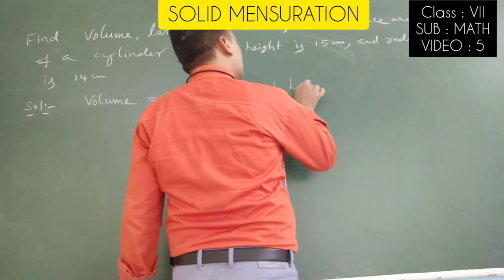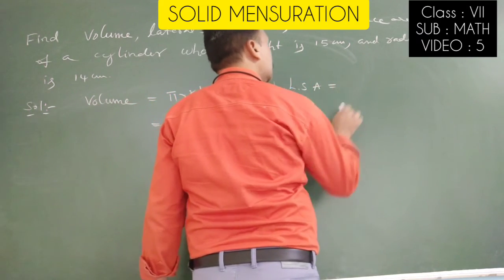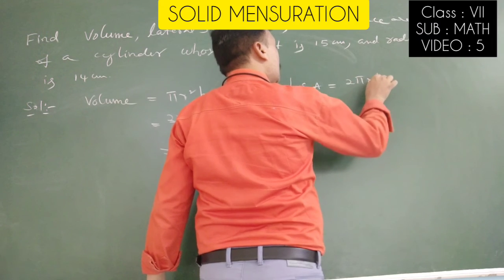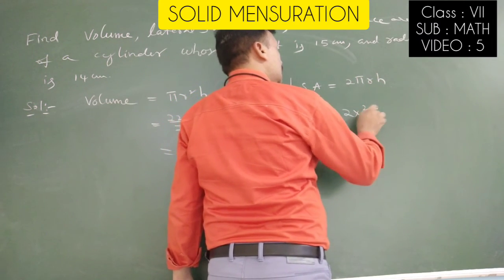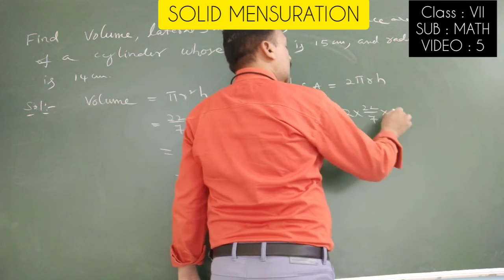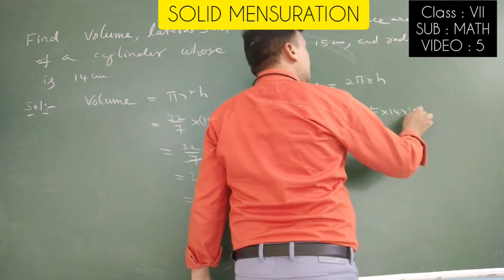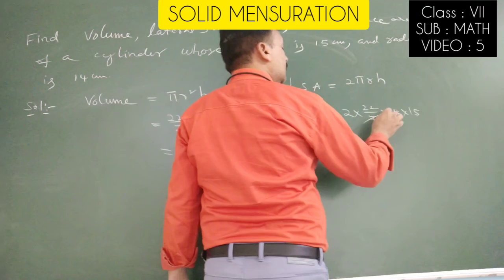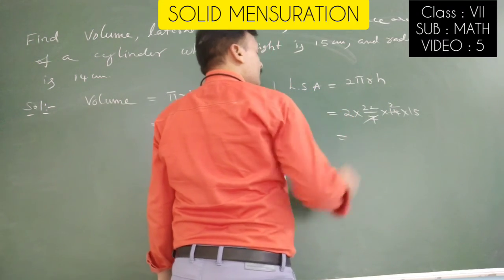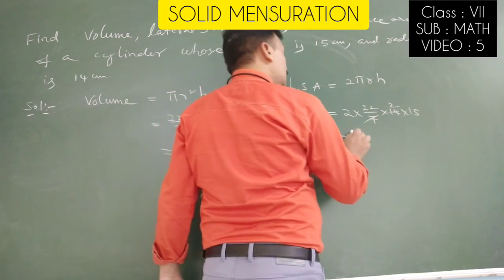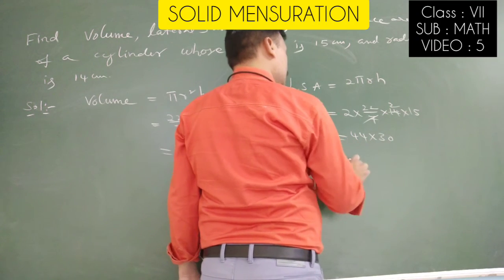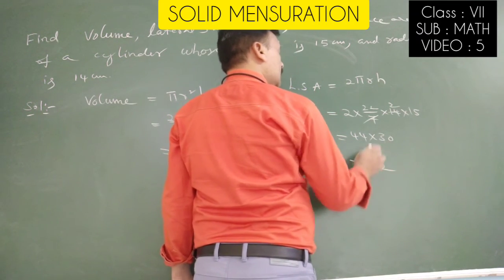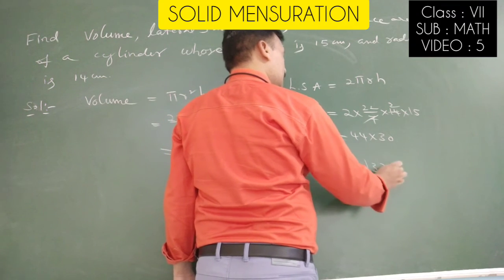LSA, lateral surface area, equals 2 pi r h. Here 2 into pi, meaning 22 by 7, into r, meaning 14, into h, meaning 15. Here 7 twice. Then 2 22s are 44 into 2 15s are 30. 3 4s 12, 12 plus 1 is 13.